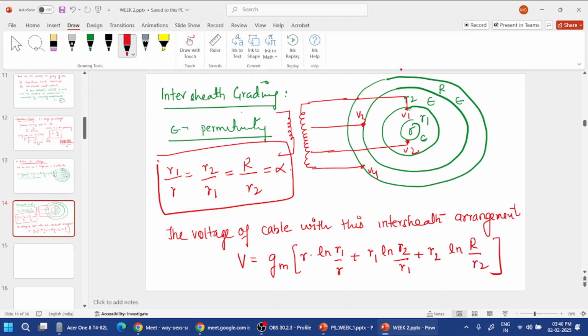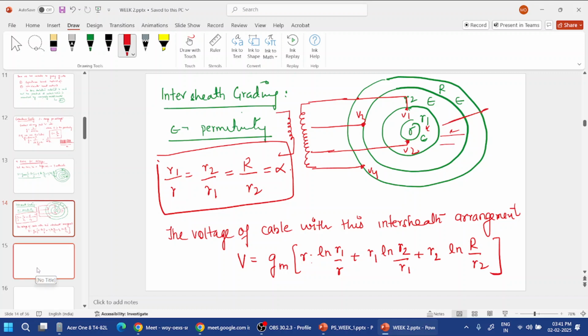It is the same formula. For the first, r into log R1 by r. For the second, R1 log R2 by R1. Then for R2, log capital R by R2.